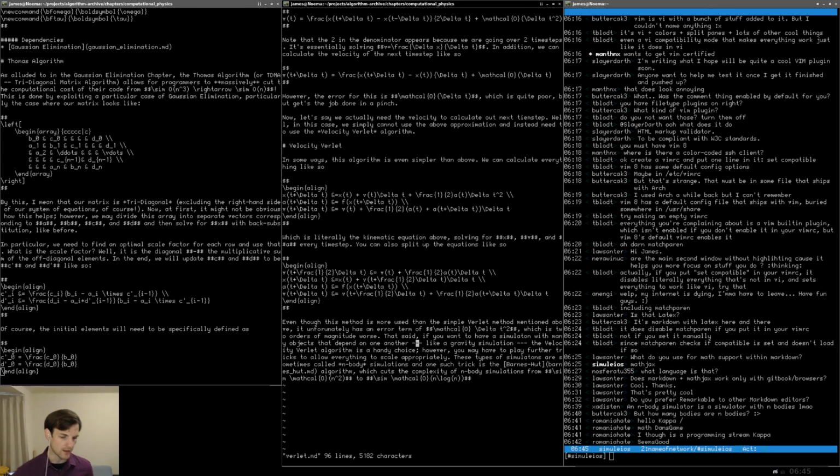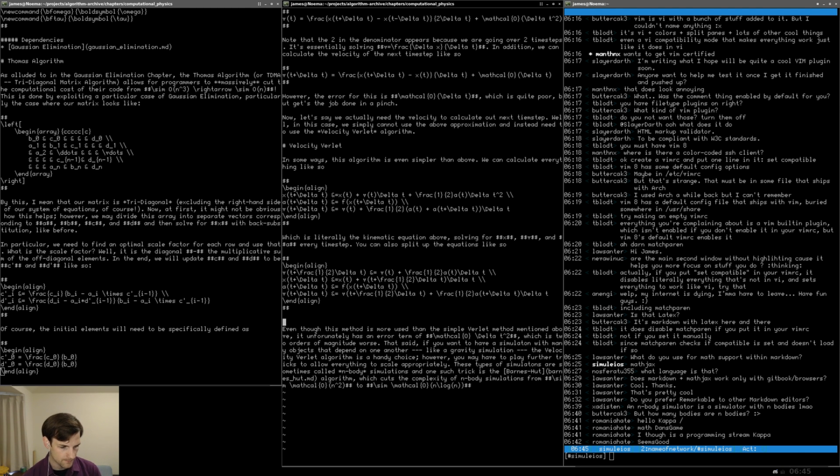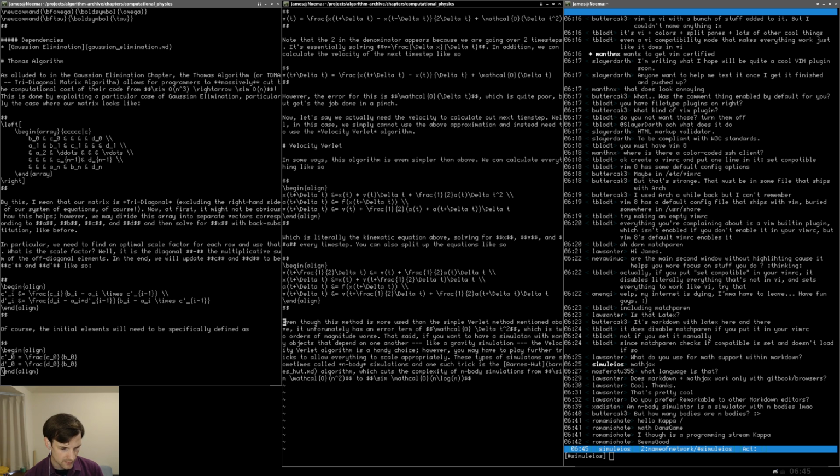And we'll write that. Okay, so I need to create the file for the Barnes-Hut algorithm, but I think that's about it. So we covered the Verlet algorithm, we covered the velocity Verlet algorithm.